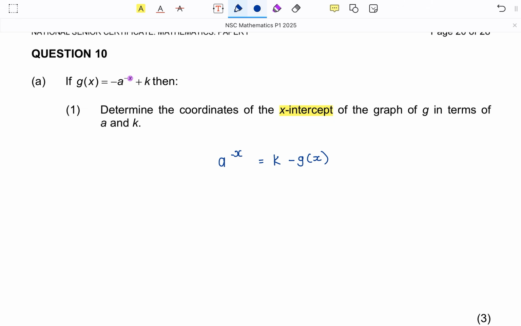The goal is to get x alone. So now I'm going to use logs. For logs, the rule is that the exponent equals log of its base number and then the number on the other side of the equal sign.